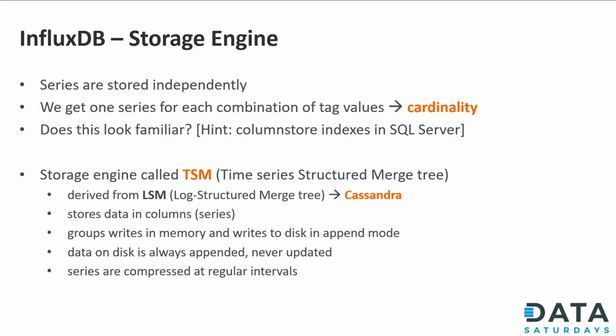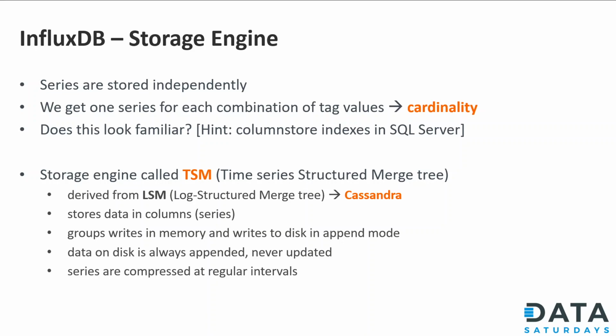The engine in InfluxDB is called TSM, and it is a modified version of LSM, which in turn is the storage engine from Cassandra, which is one of the most popular column store databases out there. The guy who came up with InfluxDB basically took the engine from Cassandra, adapted it for time series data, and made it a very successful time series engine.